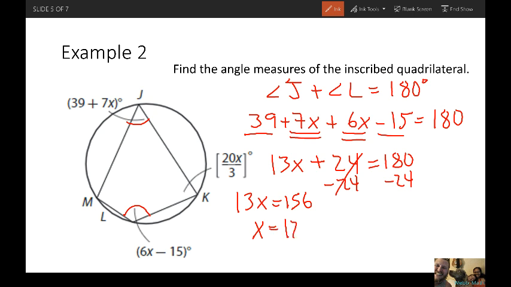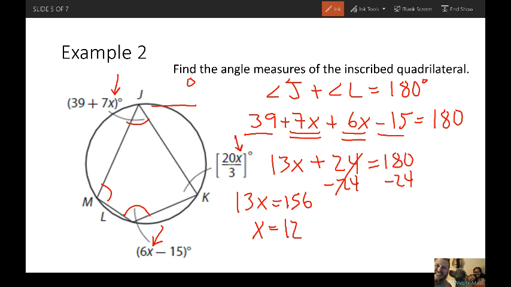Now do not box that. That is not your answer, but you will plug it back in for your x's to start finding your angles. So go ahead and do that for me. Go ahead and hit practice plugging them in. And then just for your exit slip, give me whatever your angles are.